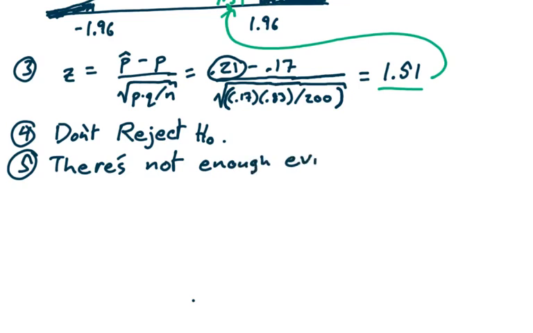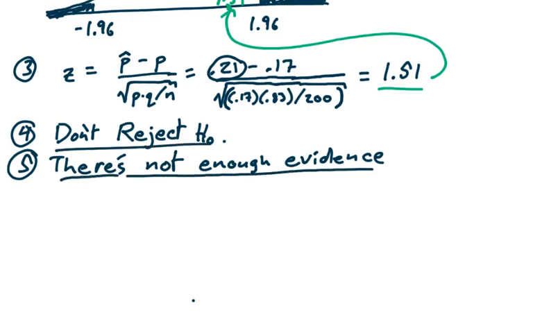Remember, that's how it starts off every single time. You fail to reject H subscript 0. Anytime you don't reject H subscript 0, there's not enough evidence. And then whatever you wanted to happen in H subscript 1, you say there was not enough evidence to say that that was going to be true.